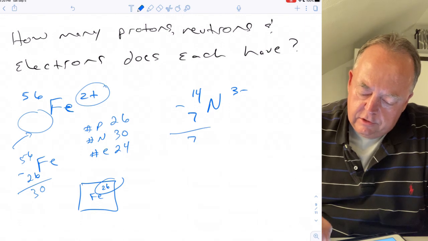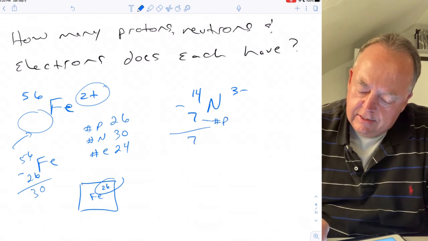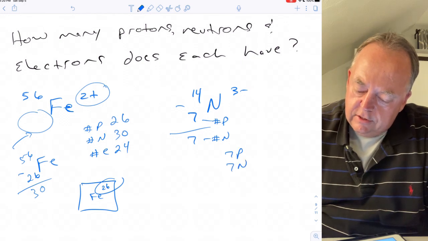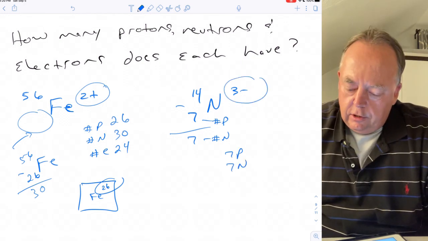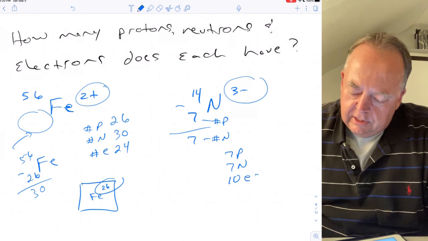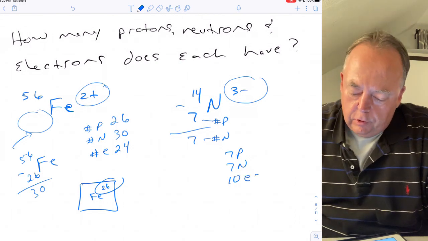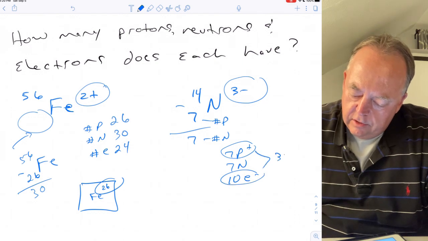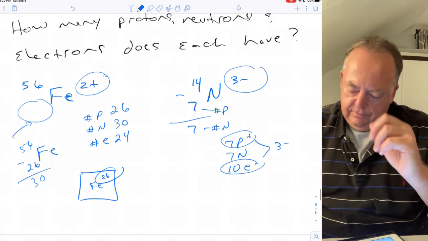If we subtract these two, this is the number of protons, this is the number of neutrons: 7 protons, 7 neutrons, and then it's got a 3 negative charge. So it's got to have 3 more electrons than it has protons, right? Since these are positive and these are negative, and if you added those two together, you would get 3 negative.